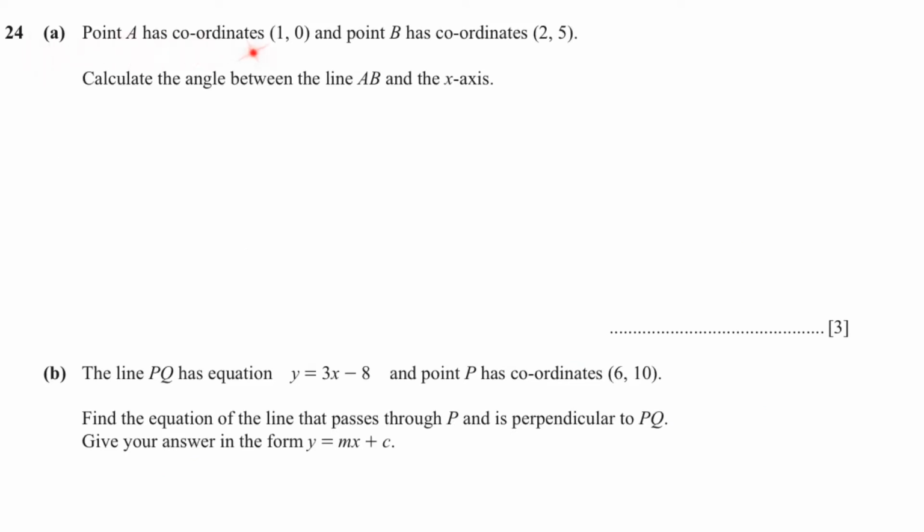Point A has coordinates 1, 0 and point B has coordinates 2, 5. Calculate the angle between the line AB and the x-axis. This is something that you should know: whenever 2 points are given and you want to find the angle between that line and the x-axis, we have a formula.